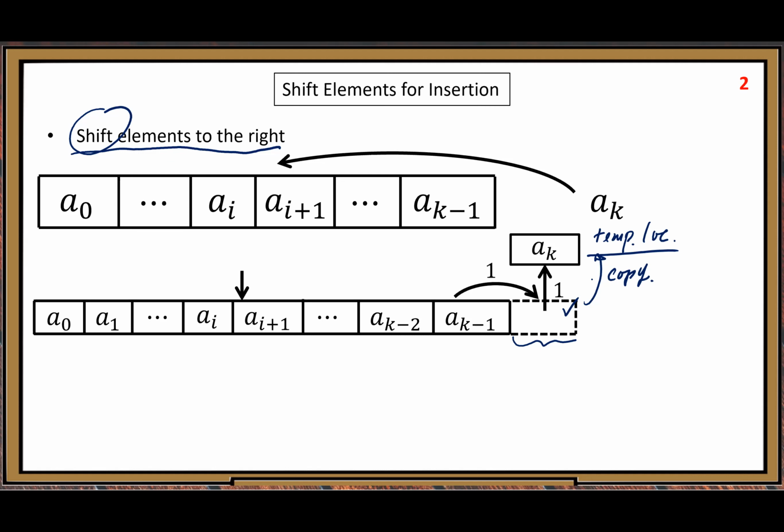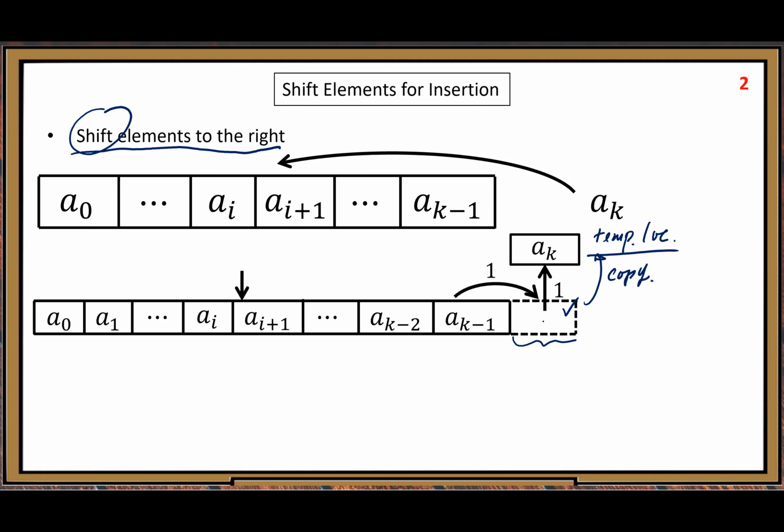Then we do comparison with A sub k minus 1. If A sub k minus 1 is greater than A sub k, we shift it to the right vacant location, because we already made its right position location vacant.